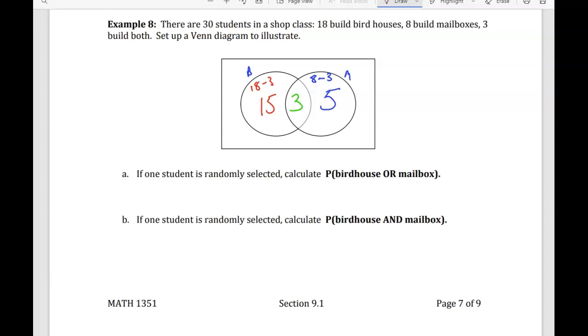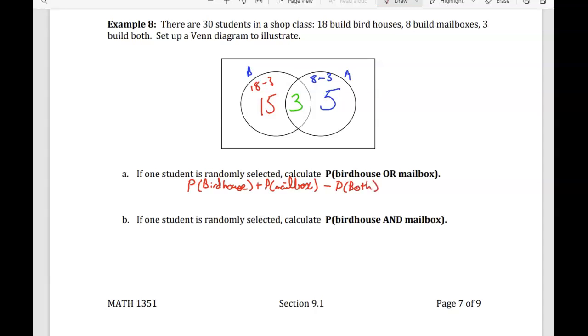So I have to remember to subtract out that overlap when I'm drawing my Venn diagram, because whenever I do birdhouse or mailbox, I would look at the probability of building a birdhouse plus the probability of a mailbox minus the probability of both.